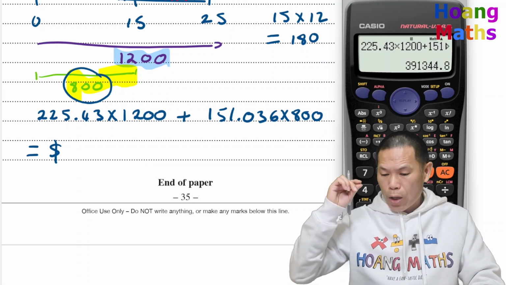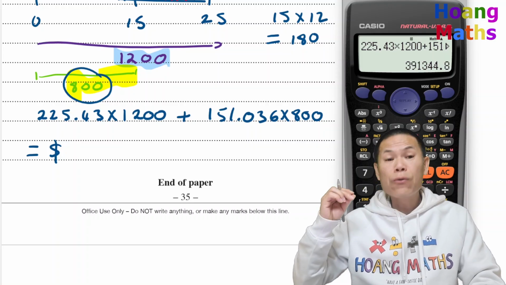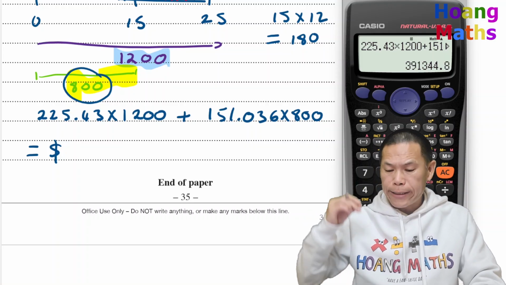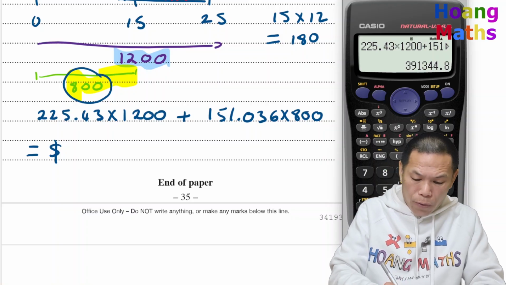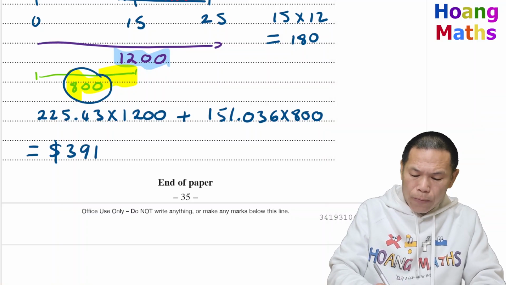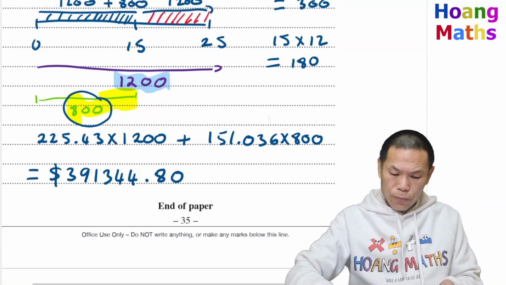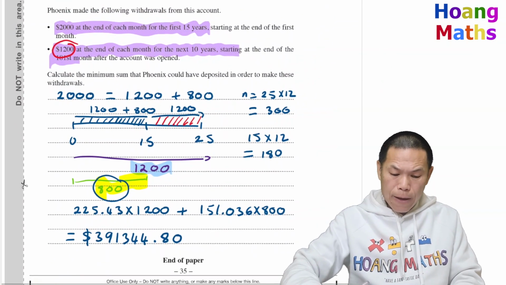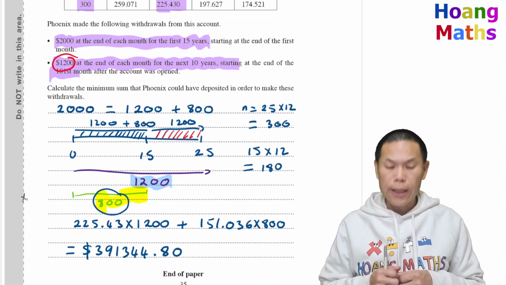There you go, $391,344.80. So that is the present value for these annuities here.